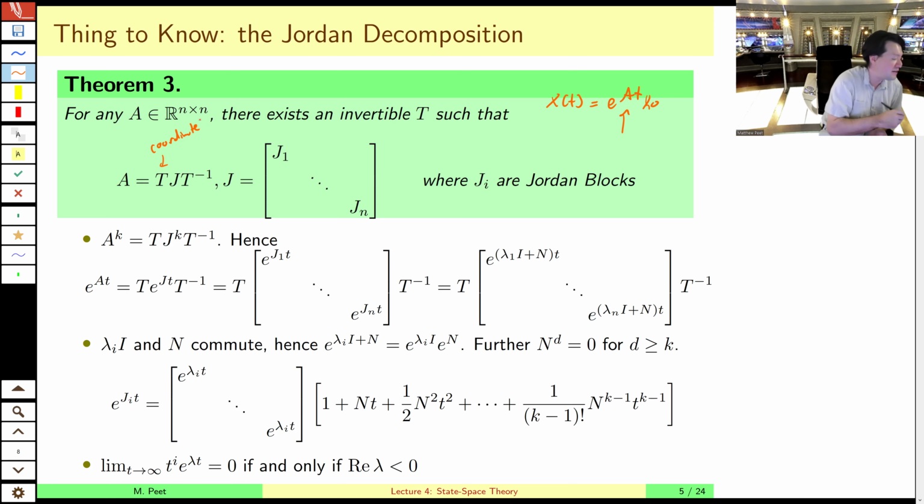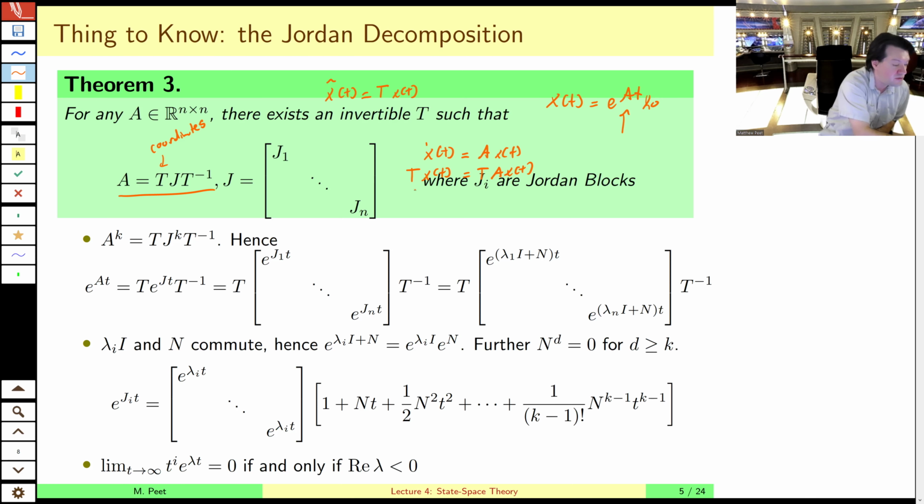And so what this allows us to do is choose a set of coordinates using this matrix T, so x tilde is T x of t, wherein this analysis becomes simpler. So if we look at x dot of t equals A x of t, we can multiply T on both sides: T x dot of t equals T A x of t.